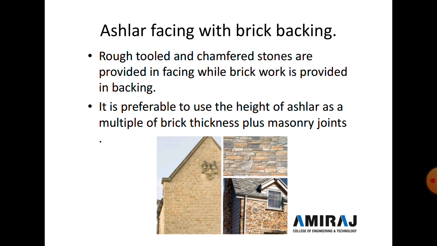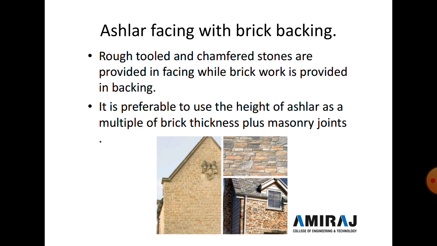Now the next type of composite masonry is ashlar facing with brick backing. In the figure you can exactly see the ashlar facing. In this type of composite masonry, rough tool chamfer stone is provided on the facing side, while brickwork is provided on the backing side.